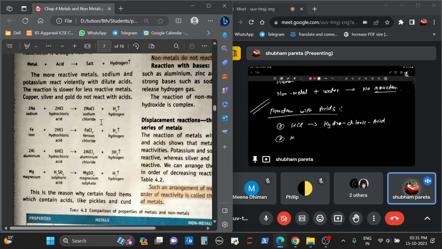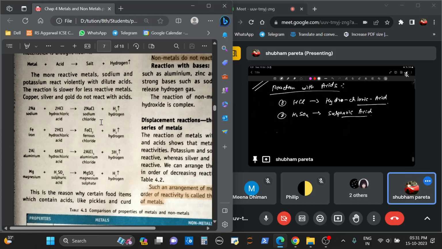The next is H2SO4, which is known as sulfuric acid. The first reaction carried out over here is sodium and HCl. Sodium and HCl gives us NaCl, and hydrogen gas is liberated over here.